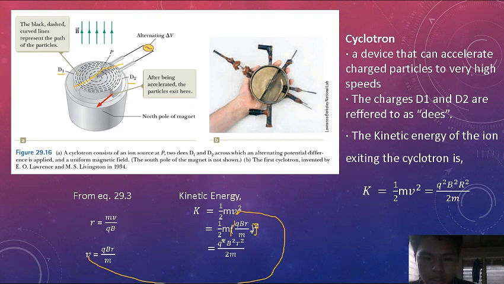Putting it in squared, we get q squared B squared R squared over 2m, and since m is squared, one m cancels, leaving 2m. That is the kinetic energy.